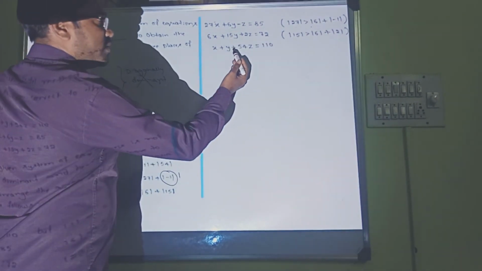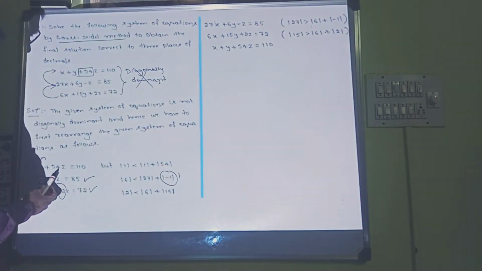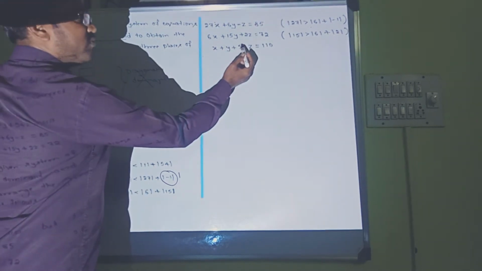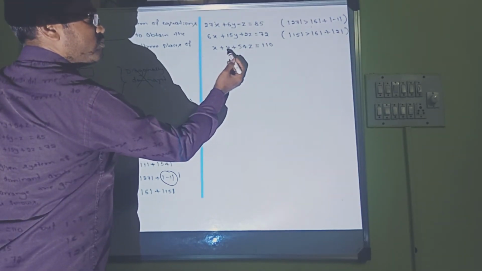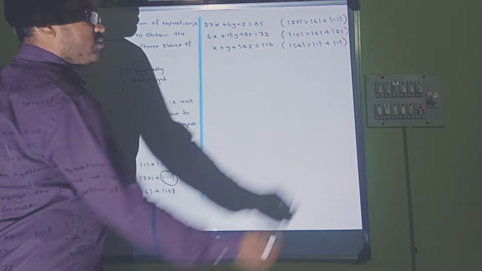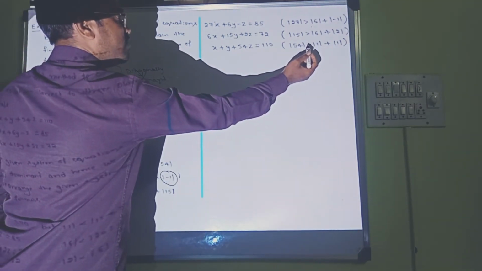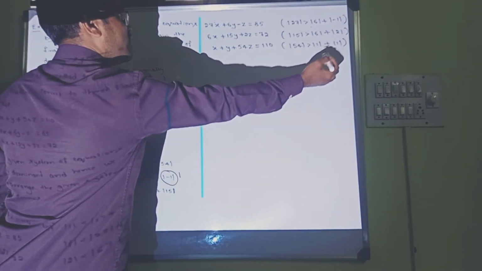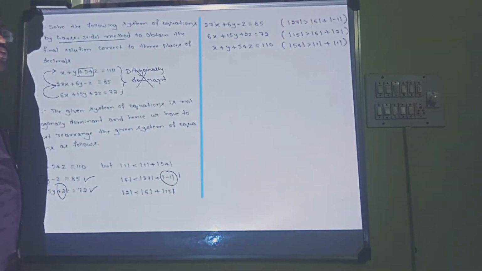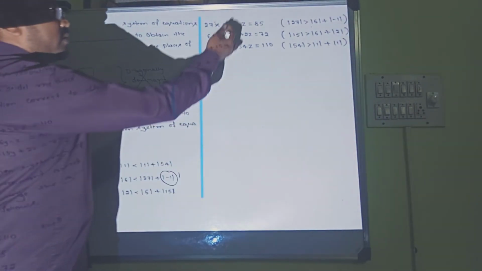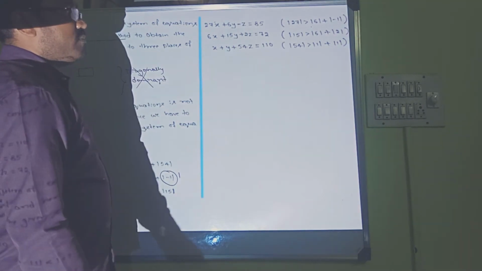And we have taken this as the third equation because 54 is dominating the other two. The absolute value of 54 is more than the sum of the absolute values of the other two. Yes, we have arranged in a diagonally dominant way.